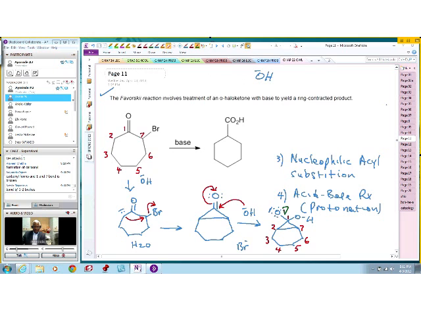We are going to reform the carbonyl, which comes right back here, and when you do that, the bond between carbon 1 and carbon 7 will break, and thereby place the electron on here. So that gives us this.